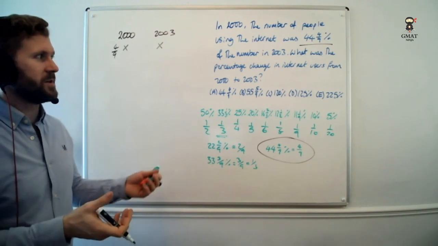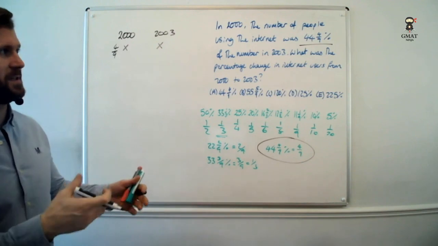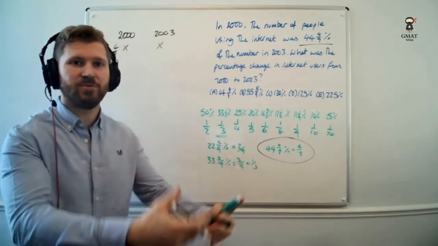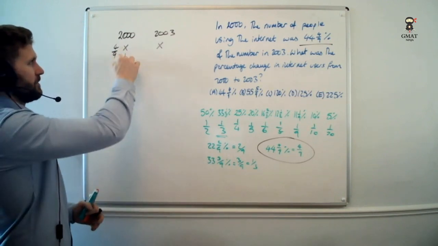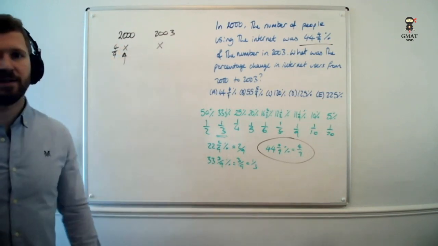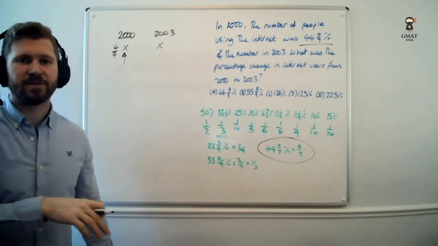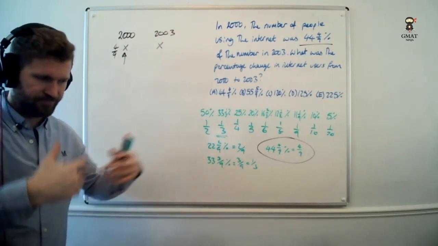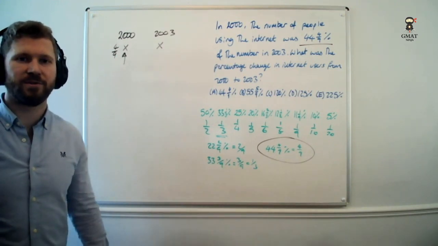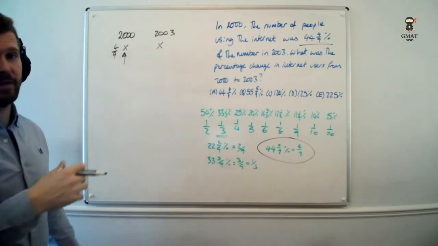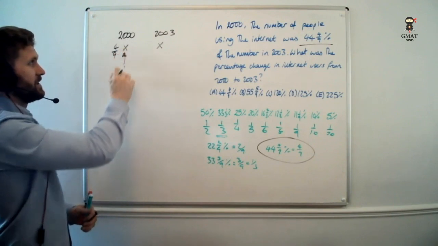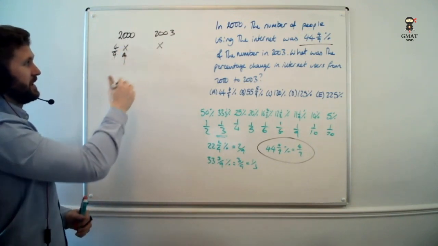Now I want to reverse that. I want to know what the percentage change in internet users from 2000 to 2003 was. So what I'm going to do is say that that x there, I want to make that the subject of this transformation from 2000 to 2003. So if I have the 4/9 multiplied by the x, in order to make this x the subject, I'm going to times both of these by 9.